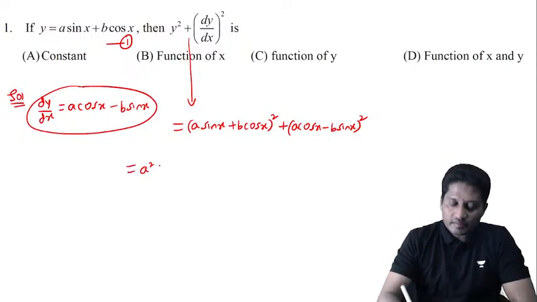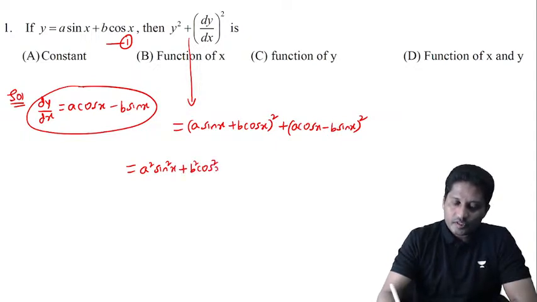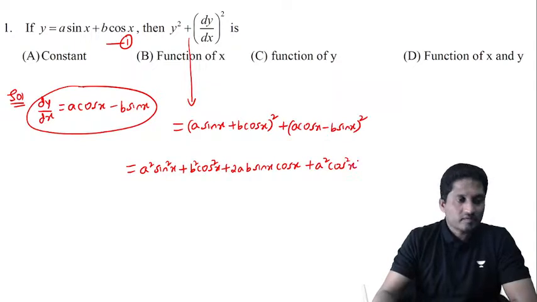This equals a square sin square x, plus b square cos square x, plus 2ab sin x cos x, and then plus a square cos square x plus b square sin square x minus 2ab sin x cos x.